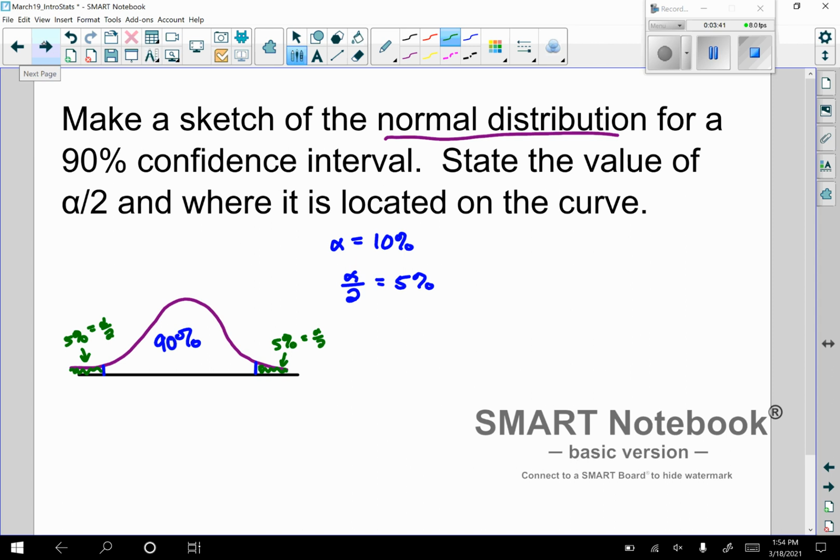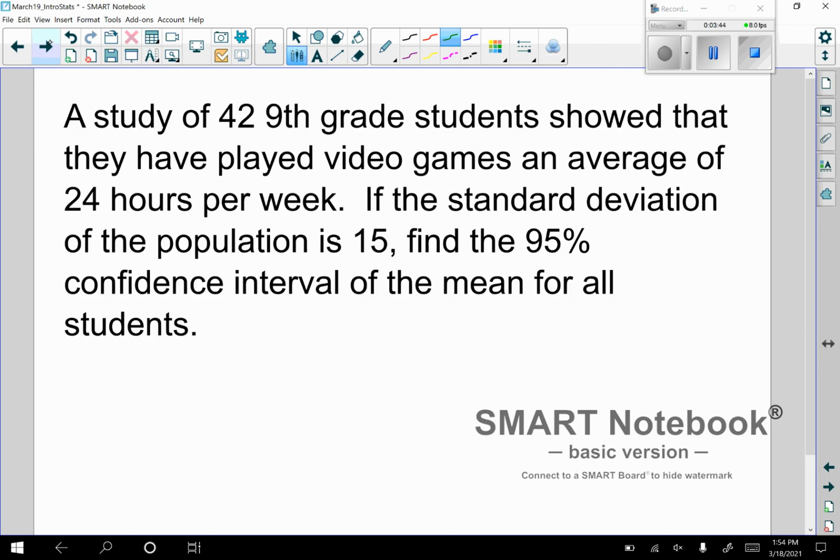All right, let's take a look at our next example. Please pause the video to copy this down. Remember, you need to determine if you're going to use the z distribution or the t distribution. So pause the video to work this out.